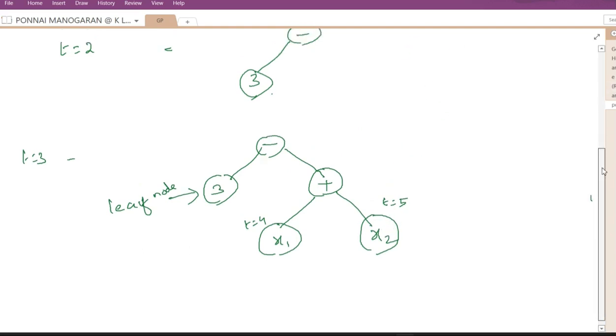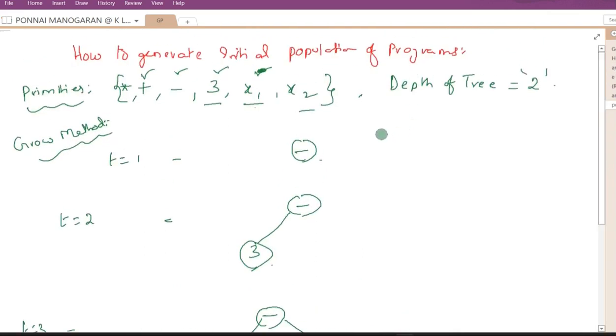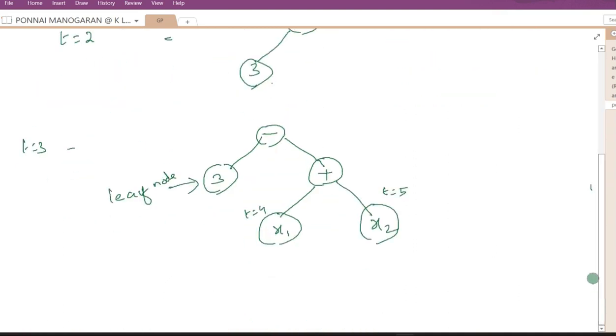Here we have already specified that the depth of the tree is 2 and the branch for each node is also specified as 2. So as a result, we will get this program randomly. This is a randomly generated program.